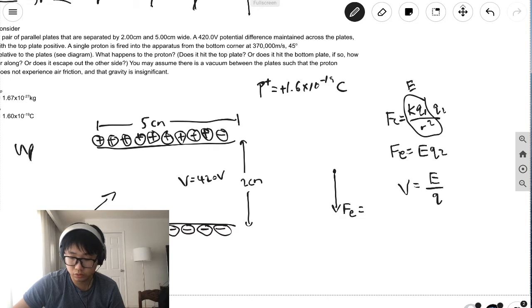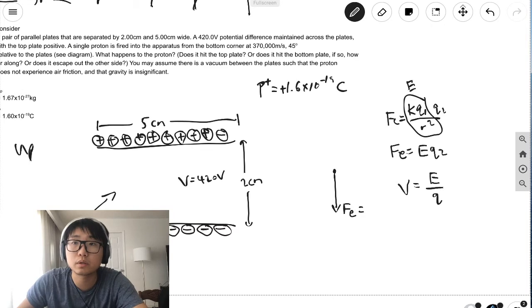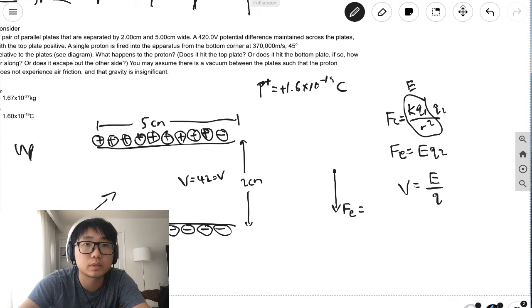Voltage times Q is going to give you the electric field pretty much. Let me pull out an equation sheet. Where's your equation sheet? Is it a physical copy? Let me paste all the equations down so you can pick and choose.